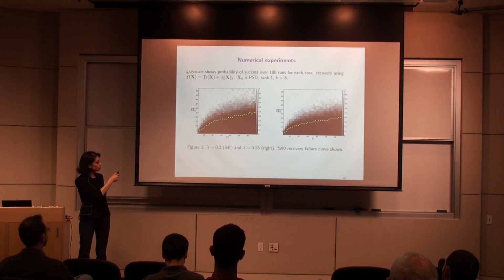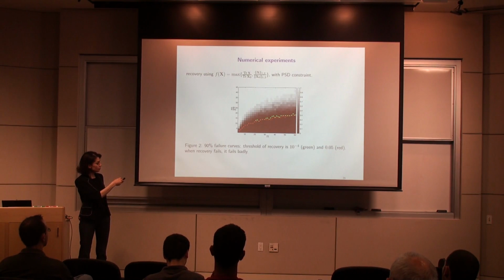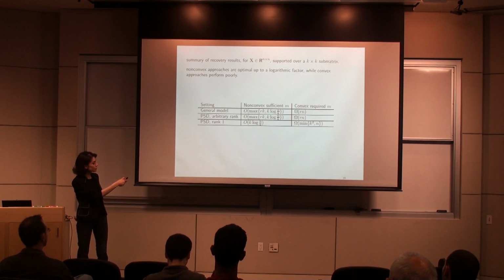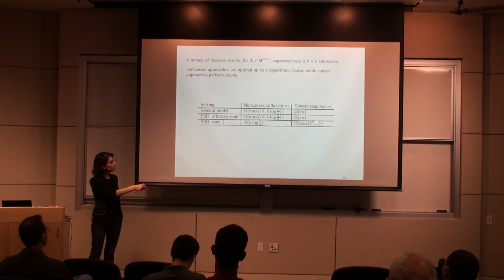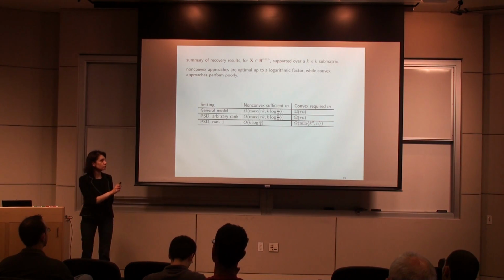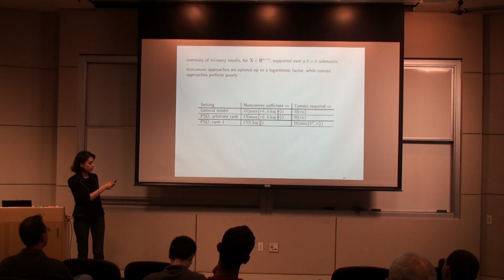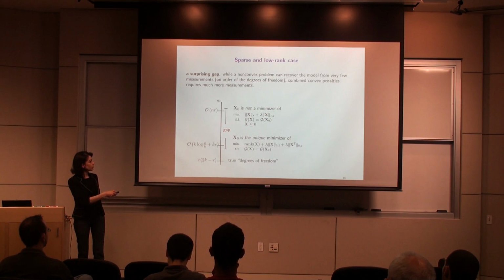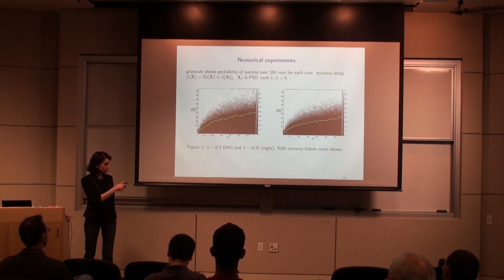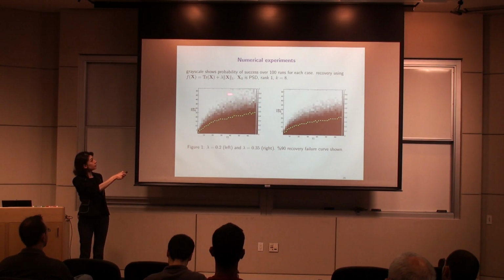And what our bounds are predicting, for example in this last line of this table, is that the minimum of k squared and n is the minimum number of measurements required. So in the plots, k is fixed, k here is equal to 8, and n is increasing, so this is the dimension of the matrix.